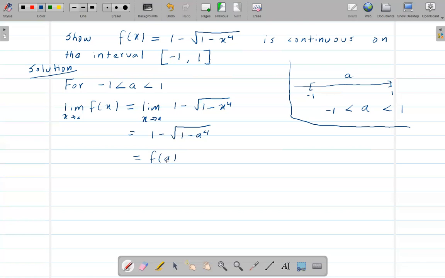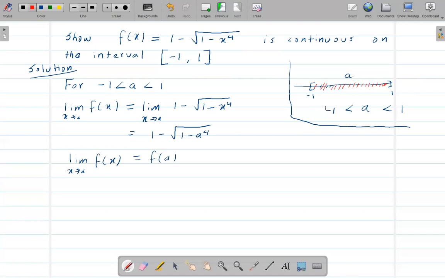So I get from the left-hand side to the right-hand side like this. If you get these conditions, then you can say that the function is continuous on this interval. But we haven't included -1 and 1 yet. All we proved so far is that any point between this interval is continuous.